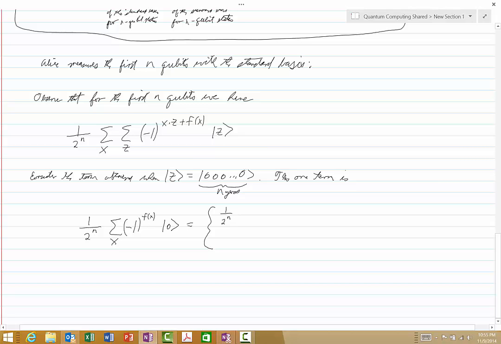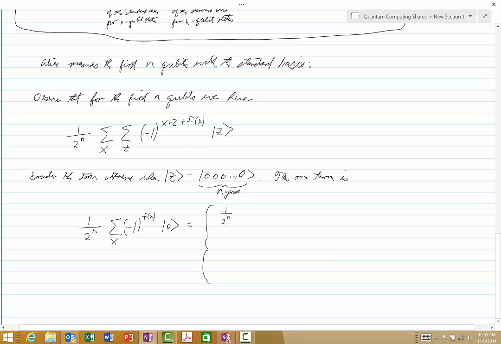Then in that case, all of these coefficients will be the same. They will either all be 1 if f of x is constant equal to 0, or they will all be negative 1 if f of x is constant equal to 1. So we can summarize this in the following way.